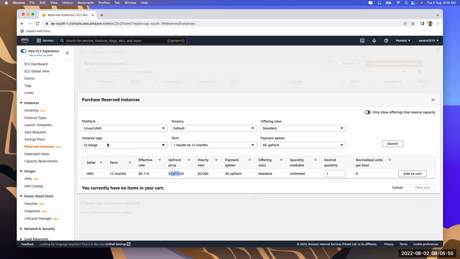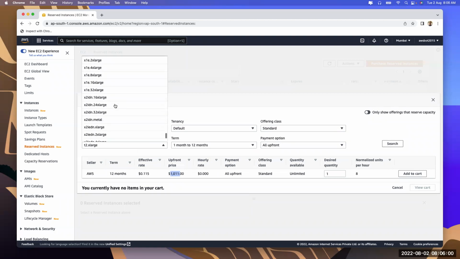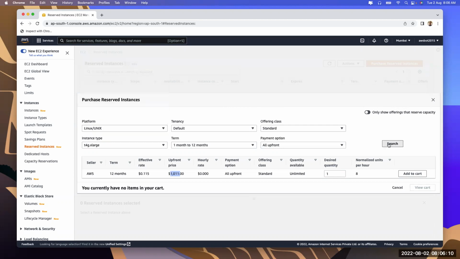Similarly, if I go for T4G X large, which is the same thing, so remember the number $1,000. T4G X large, if I search, I only have to pay $463. T2 is $1,011. T4G ARM is $463.